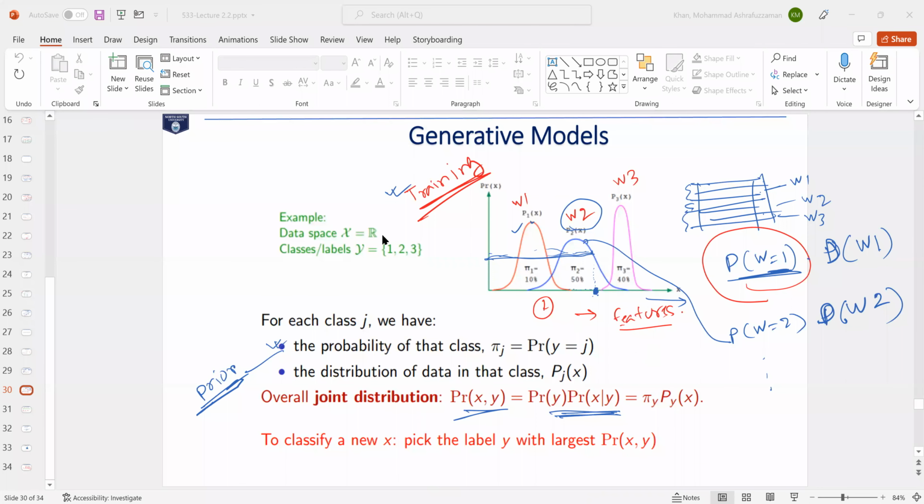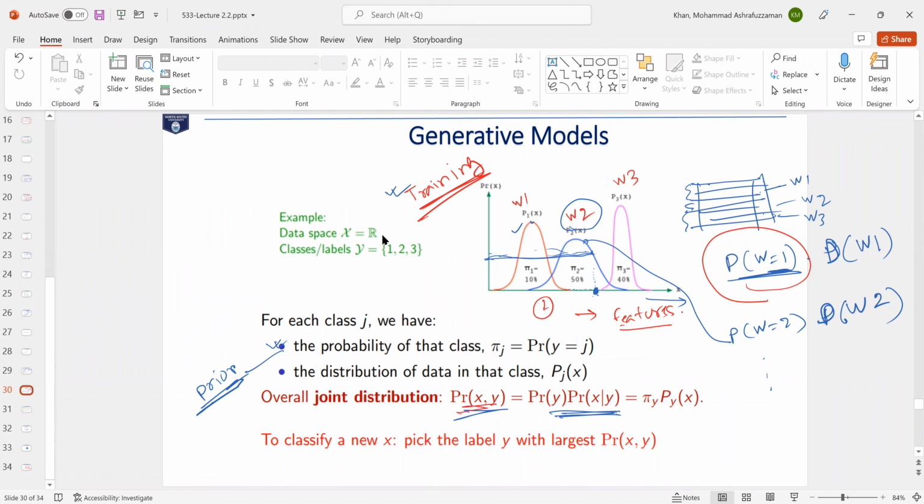So this was the slide we used last time. So basically it's coming from here.